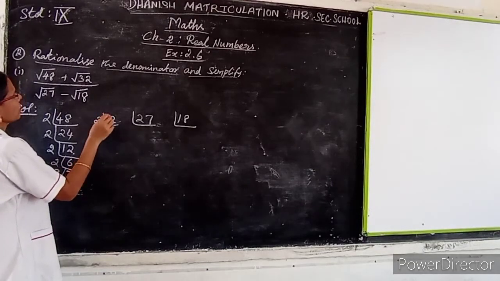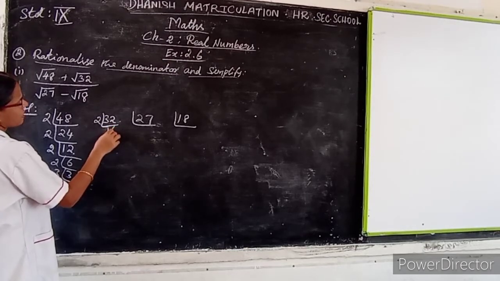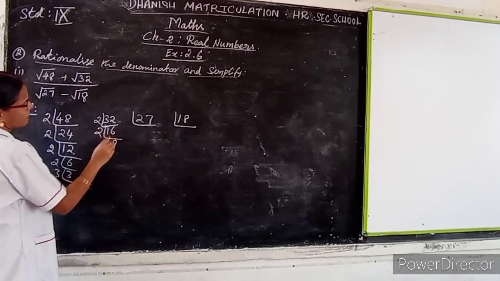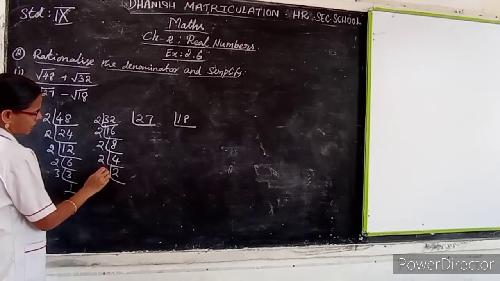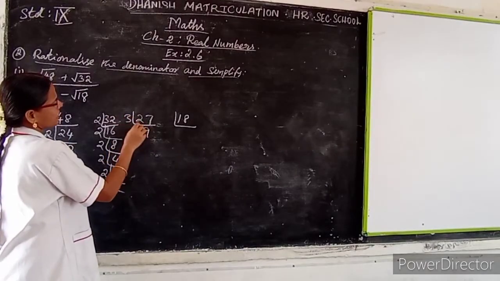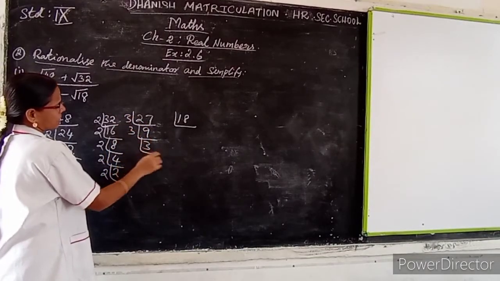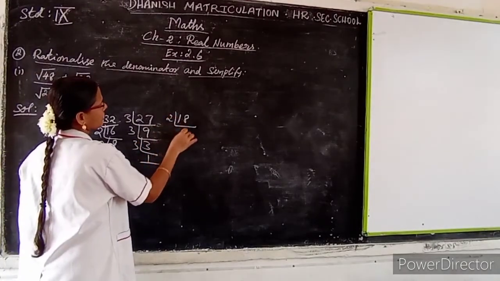Here also 2 table, 32: 16 times, 8 times, 4 times, 2 2s. Here 3 table, 27: 9 3s are 27, 3 3s are 9, 3 1s are 3. Here 2 table.